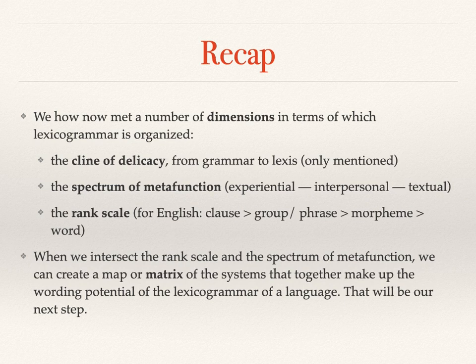And when you begin to enter the region of less frequent items, you begin to encounter lexical items. We'll come back to this. I've only mentioned it in passing, as I said. But the two dimensions we've really focused on so far are the spectrum of metafunction, so the different strands of meaning that run through the grammar, like the clause.